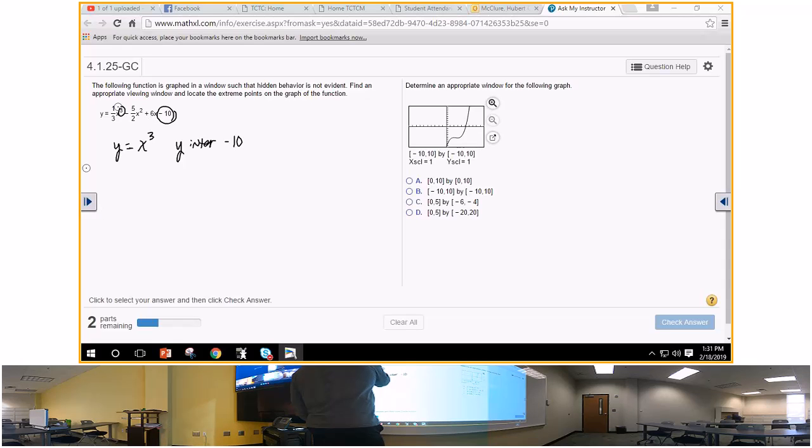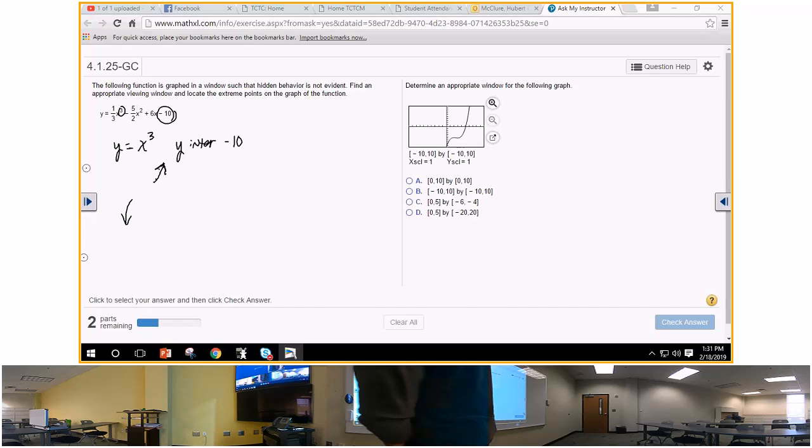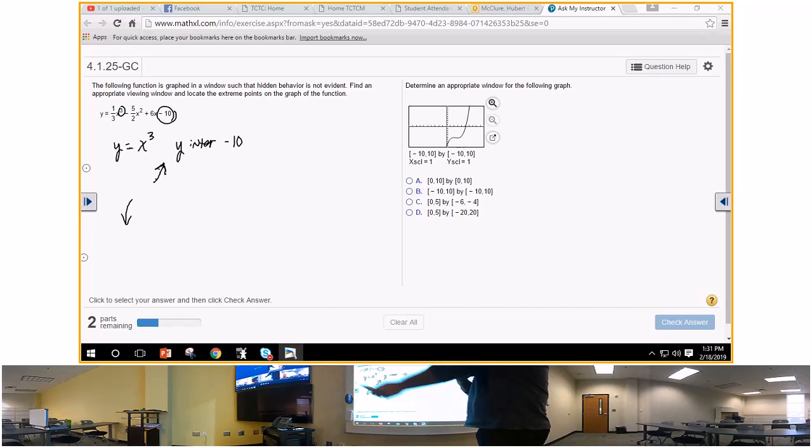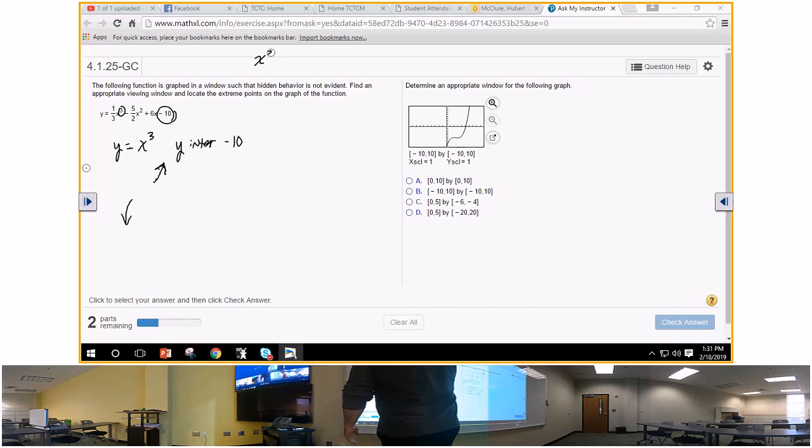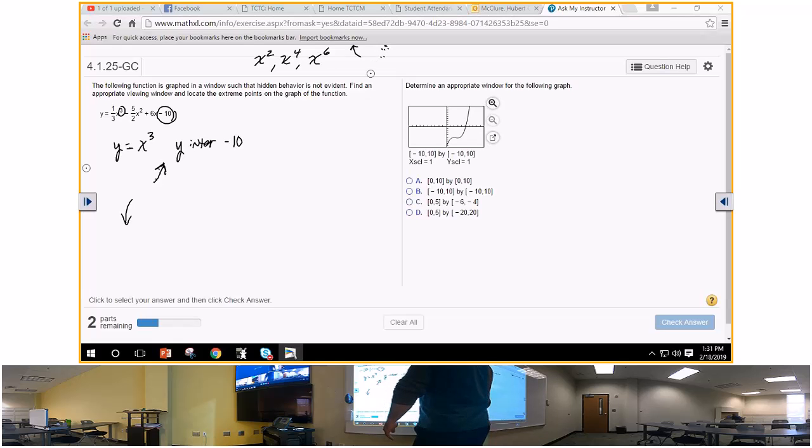And this tells you the end behavior is going to look something like this, opposite directions. If the leading exponent was even, it would be the same direction: x to the fourth, x to the sixth would have ending behavior going in the same direction.